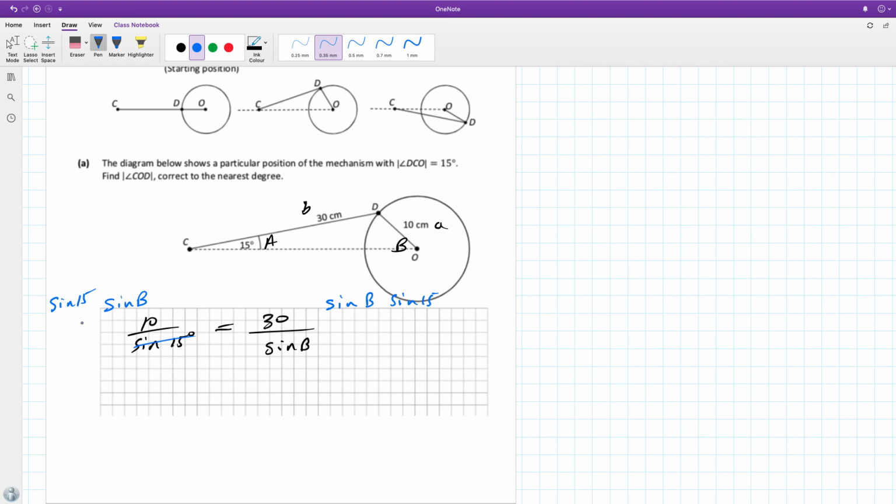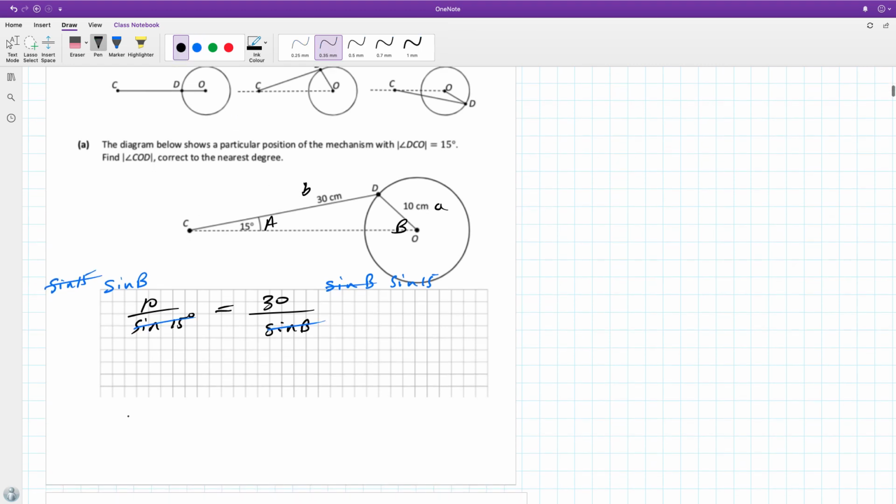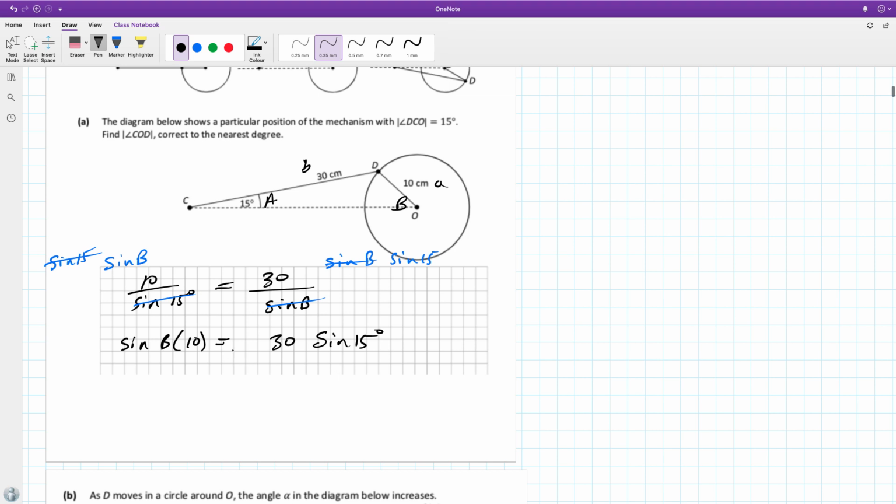So sine 15 knocks with sine 15, sine B knocks with sine B. So that's the sine of B times 10 is equal to 30 times the sine of 15 degrees. And then I divide across by 10 and 10. So the sine of B is equal to 30 times the sine of 15 over 10.